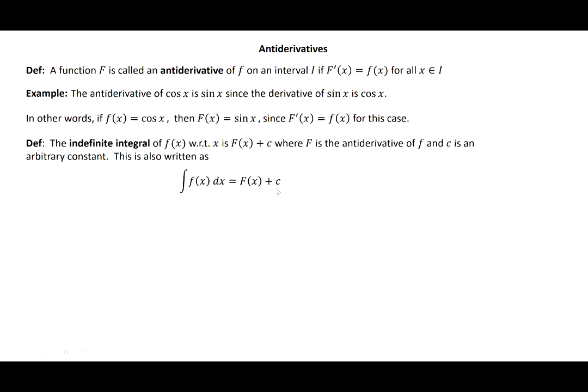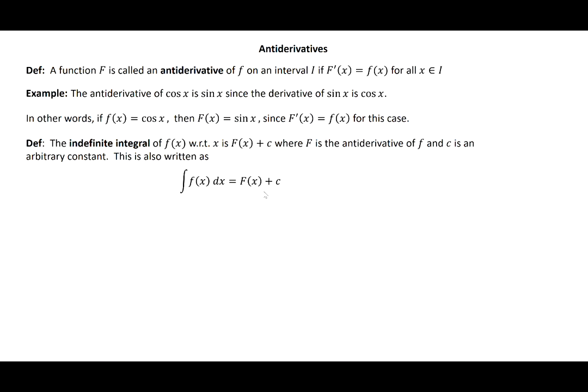Okay, if that is the case, what if I were to add a plus C, and now take the derivative of not only the uppercase F, but also of the plus C there? Well, the derivative of a constant is 0. So I would still get that f of x back. Whether I add a constant or not wouldn't make a difference. So I would actually go ahead and add that arbitrary constant so that it becomes a more general antiderivative.